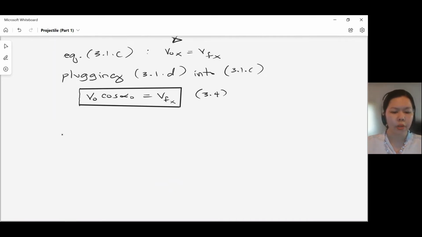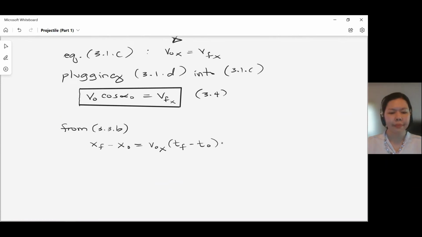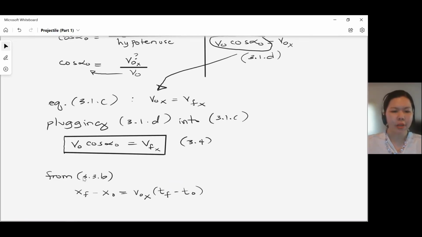So moreover, you'll now get the xf by recalling from 3.3.b, we have xf minus x naught equals v naught x times tf minus t naught.